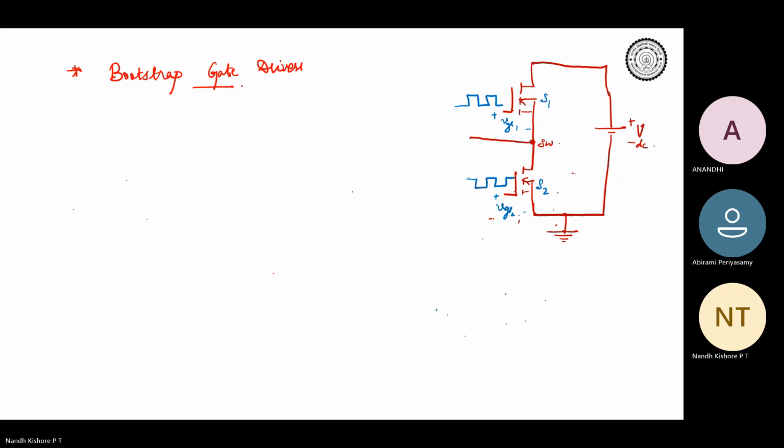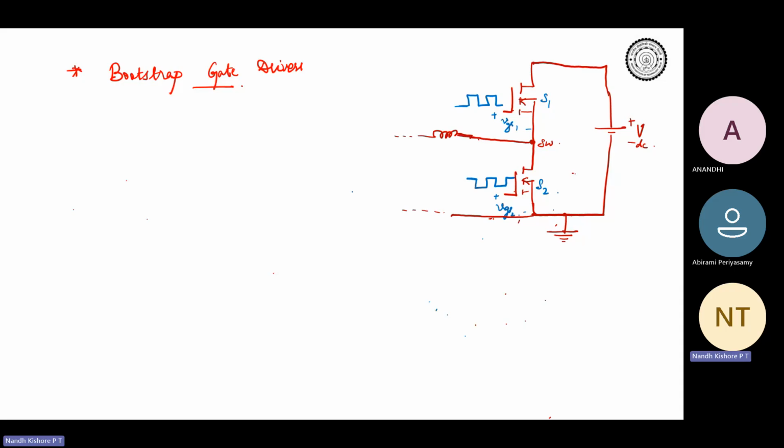These will be the pulses. Obviously, the pulses need to be complementary. Why should the pulses be complementary? What will happen if the pulses are the same for both S1 and S2? Cannot switch at the same time. Yeah, so then there is going to be a short across the DC bus and there will be a huge current, right? The device will blow up. That is why we go for complementary switching.